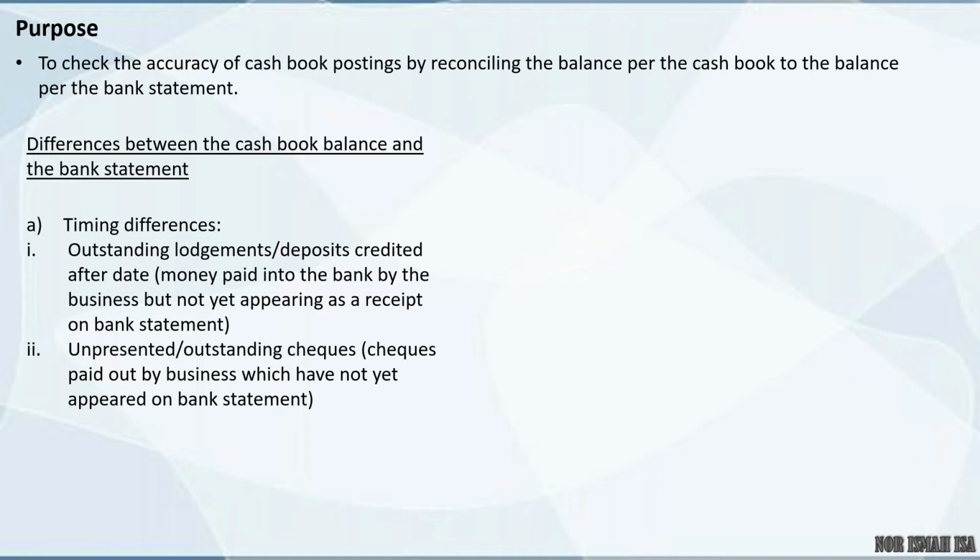As for the books of the business, this transaction has been recorded, whereas in the bank statement it has not appeared because of a timing difference: the deposit of the check is not cleared yet in the bank, so it won't appear in the bank statement.